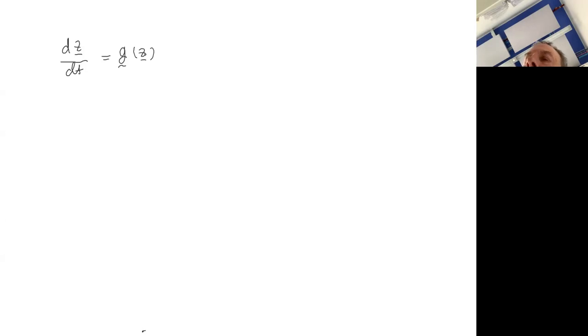That's shorthand for dz_i/dt equals g_i, some function that depends on z_1, z_2, up to z_n. Let's say we have n variables. The vector notation, though, is super convenient.